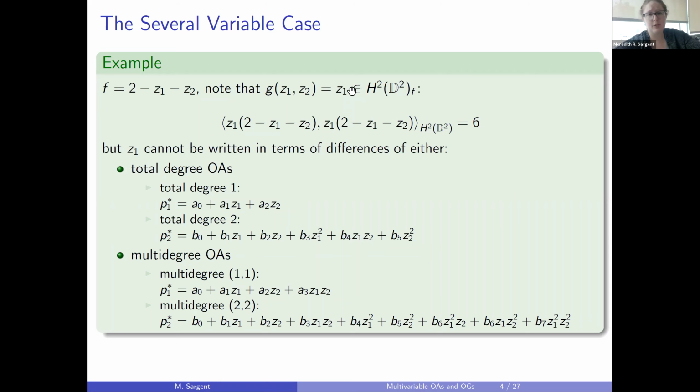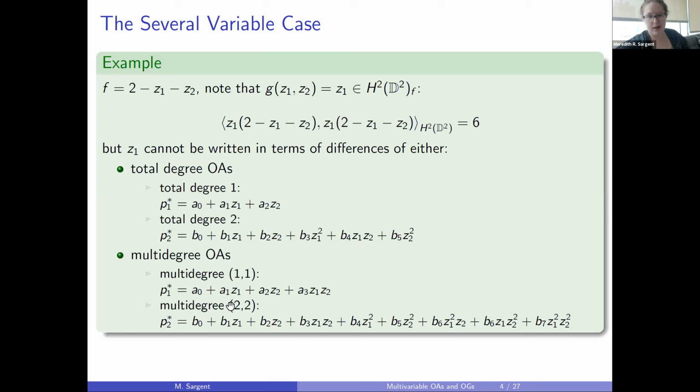Well, the basic function z1 here is definitely in this weighted space. I'm just looking at the Hardy space weighted by a nice simple function, 2 minus z1 minus z2. It's definitely in there. Its norm is bounded. Awesome. But there's no way I'm going to be able to build z1 by looking at a difference of these things. If I do my p2 minus p1 here, I'm going to end up with lots of things floating around. I'm not going to be able to build a z1 out of that.